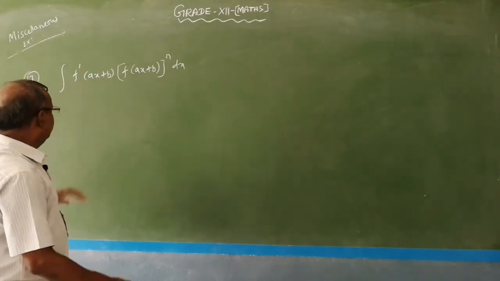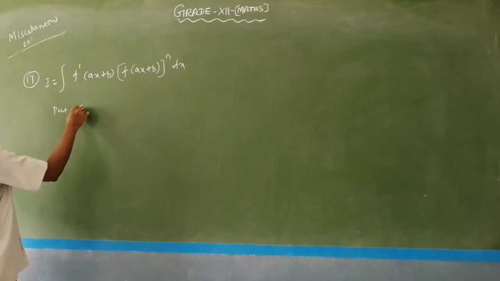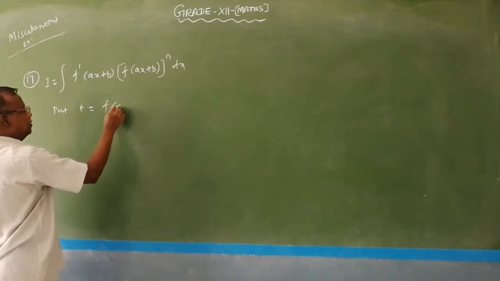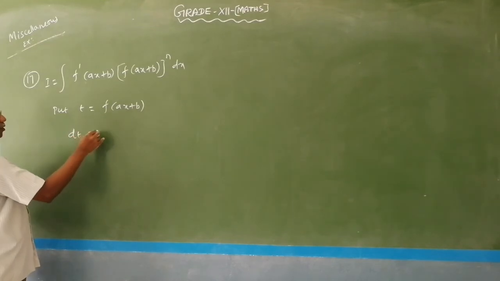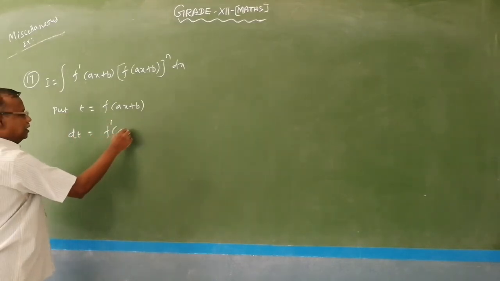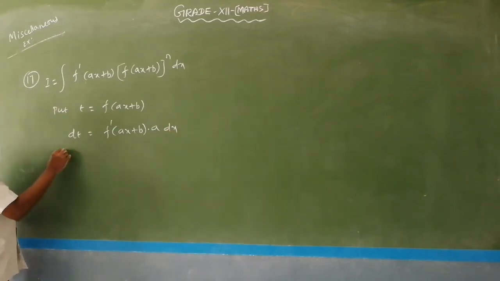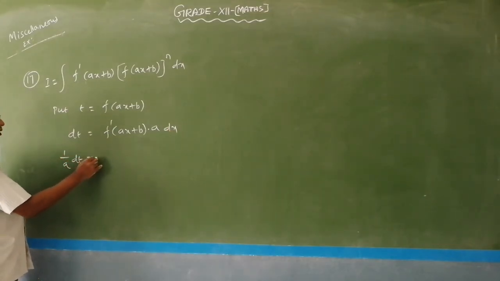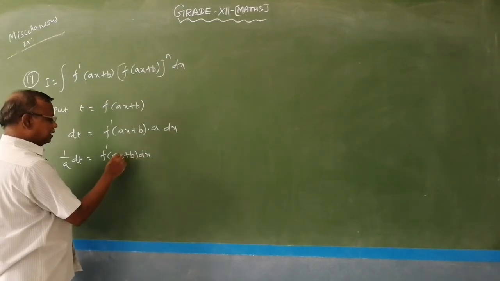Let us put t equal to f of ax plus b. Now, differentiating, dt equal to f dash of ax plus b into a into dx, or 1 by a dt equal to f dash of ax plus b into dx.